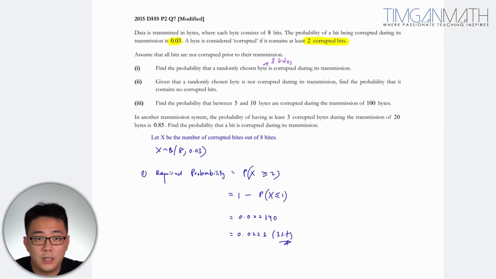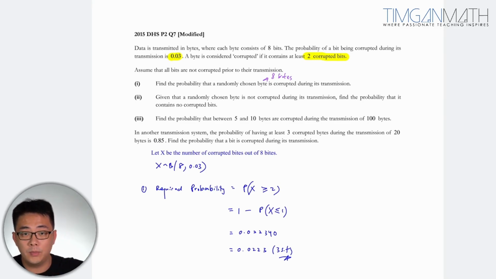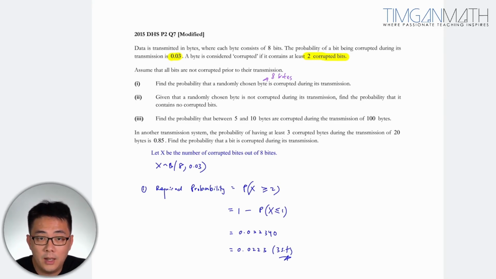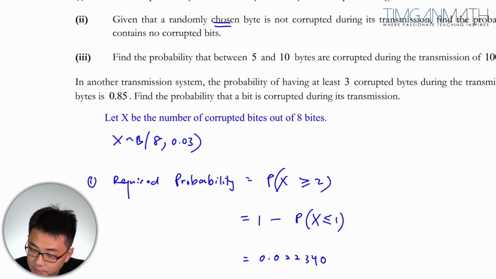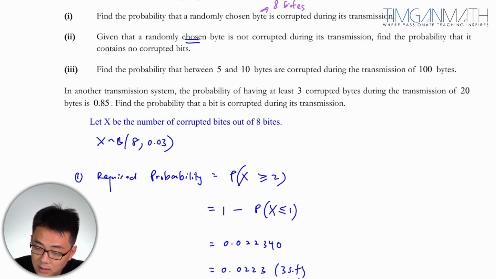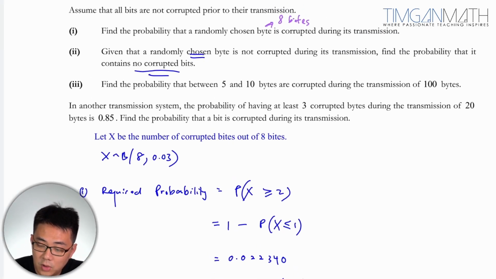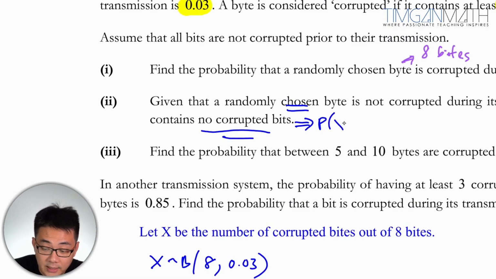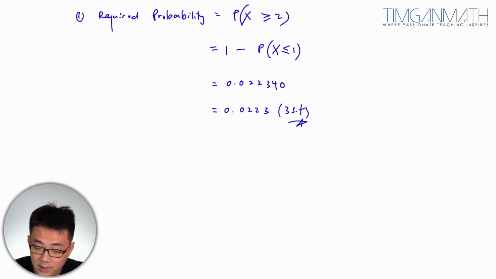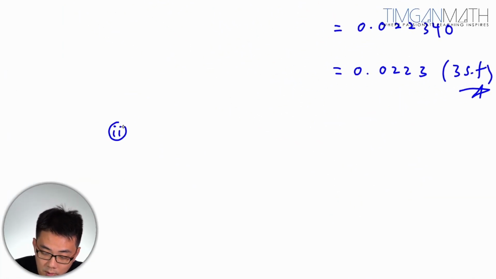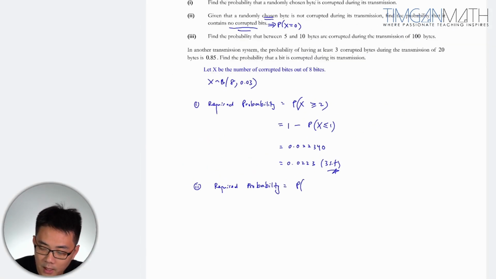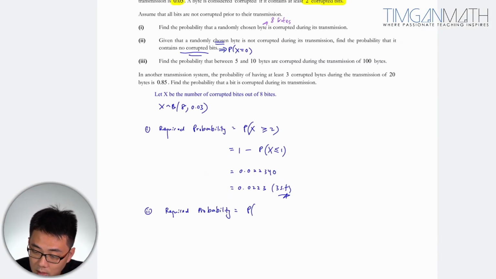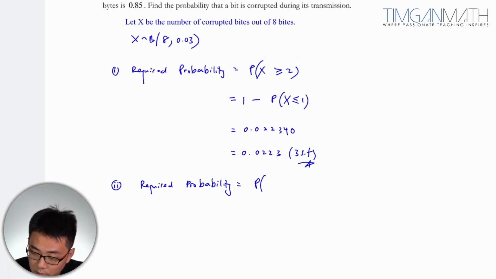Let's look at the second part. We have, given that a randomly chosen byte is not corrupted during its transmission, meaning this 8 bits here is not corrupted, find the probability that it contains no corrupted bits. No corrupted bits means that X equals 0, no corruption at all. So the required probability is P(X = 0) given not corrupted.